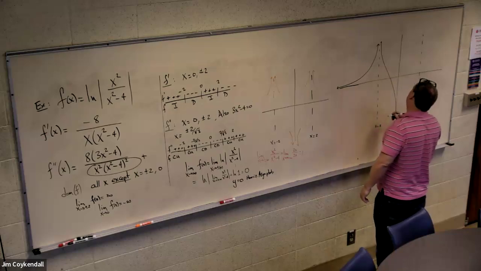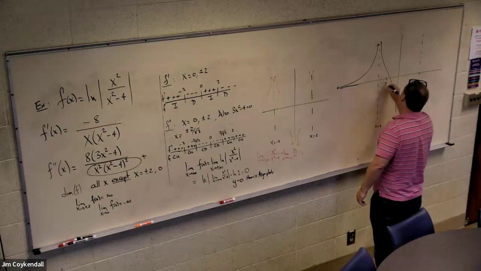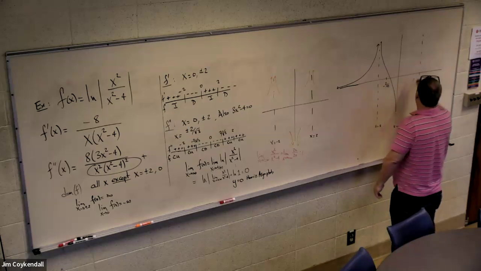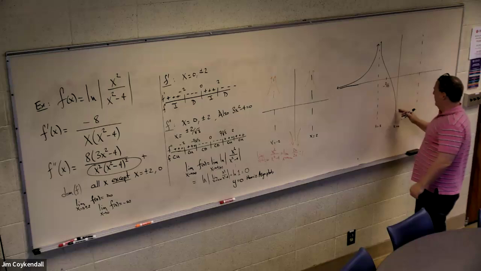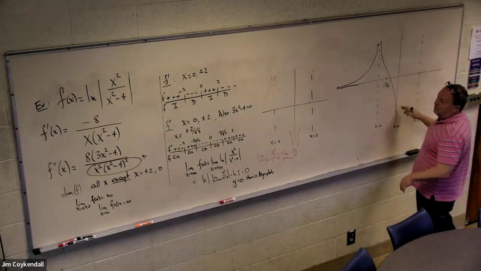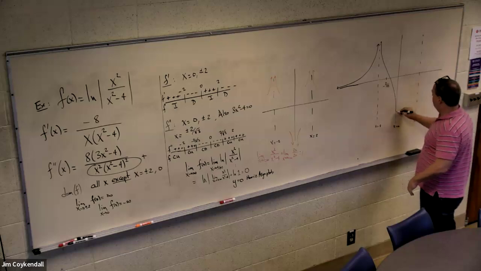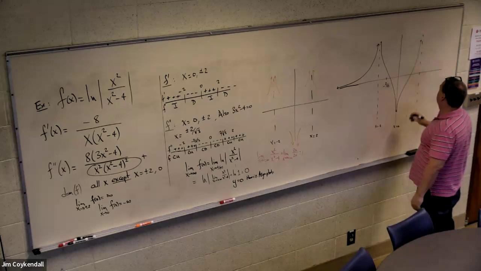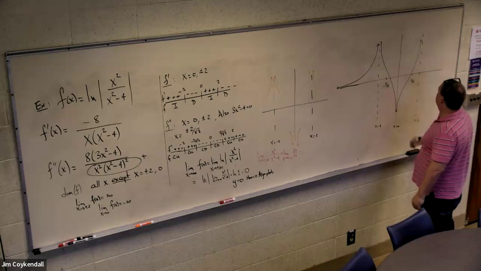And maybe the concavity change, it's hard to tell, is at 2 over 3. And it should be symmetric here. On this side, between 0 and 2, it's always increasing, and the concavity changes from negative to positive somewhere along the way at 2 over 3.